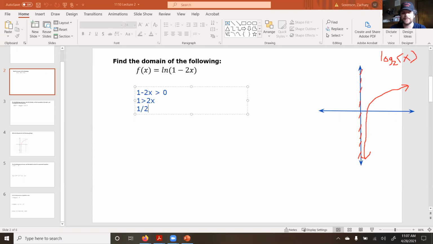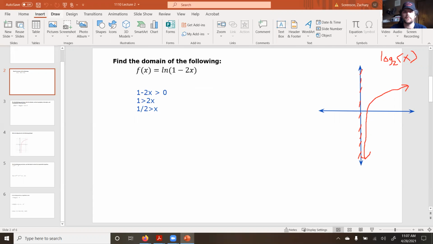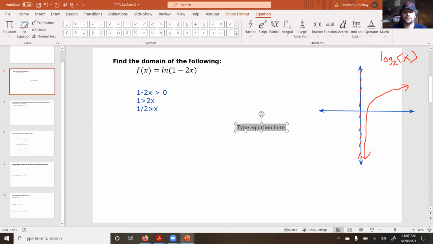So how do I write this answer in interval notation? It helps to have a math environment. Trying to write the 1/2 is greater than x, or x is less than 1/2.